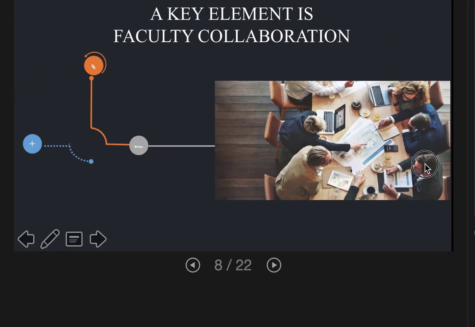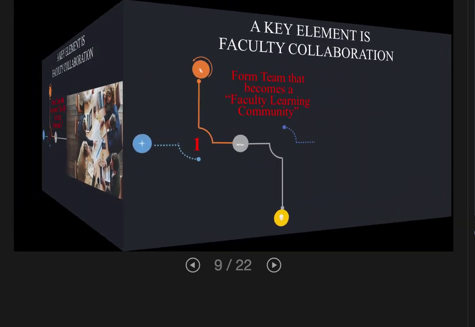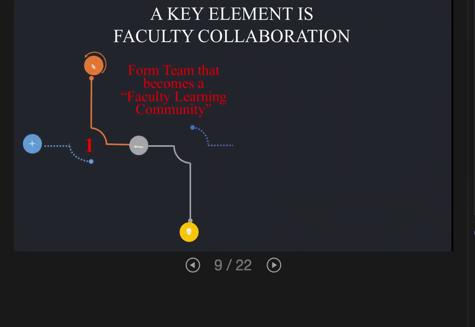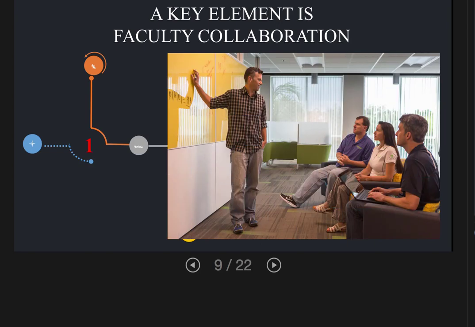And I think from a team, that becomes a faculty learning community. We make the team, and we are learning from each other. That I can call a faculty learning community. We should always learn from each other. Nothing is better than learning from each other because we are all knowledgeable.